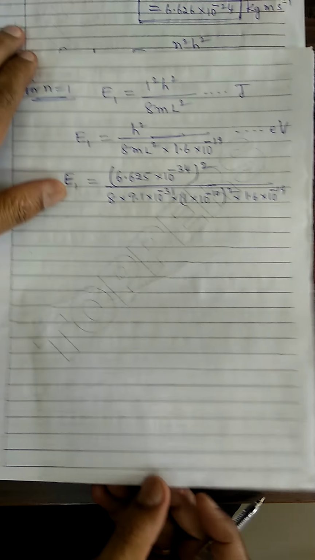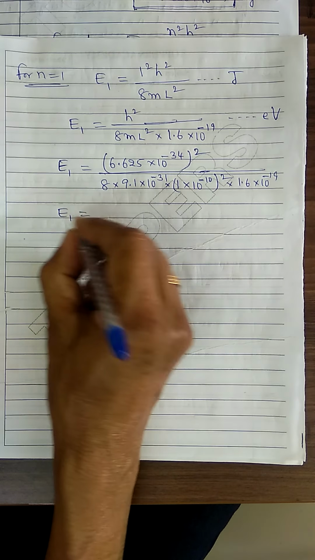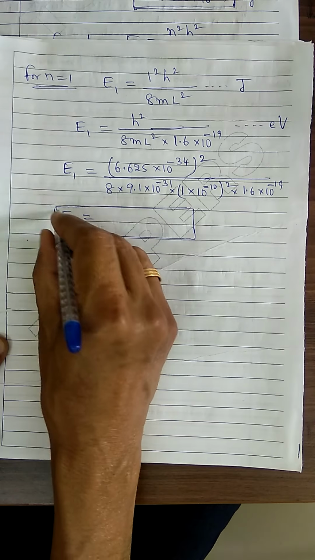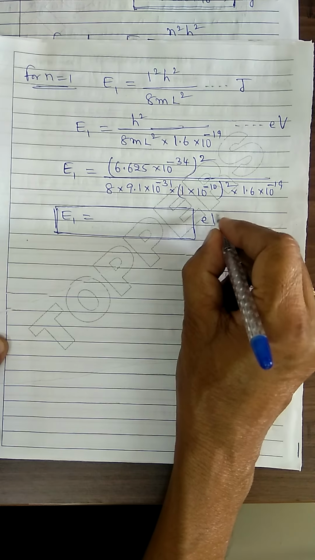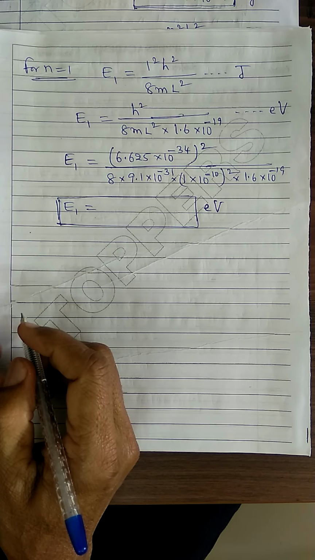This is the substitution part. We have to do the calculation for this. You will get so many eV. This is for E1.